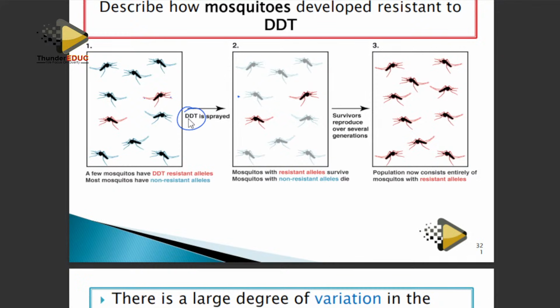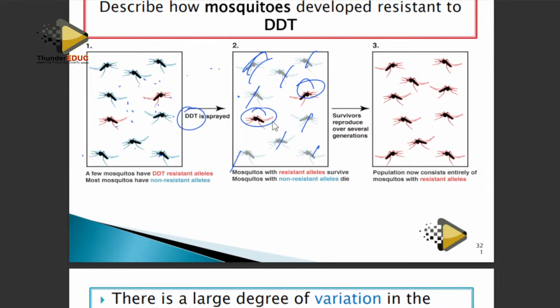You're saying that there is variation. Mosquitoes produce a large number of offspring. There is variation among the mosquitoes: those which are resistant to DDT and those which are not. In the first application, mosquitoes which are resistant to DDT will survive, while those which are non-resistant die out in large numbers.